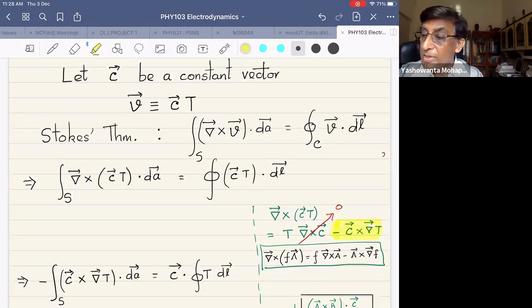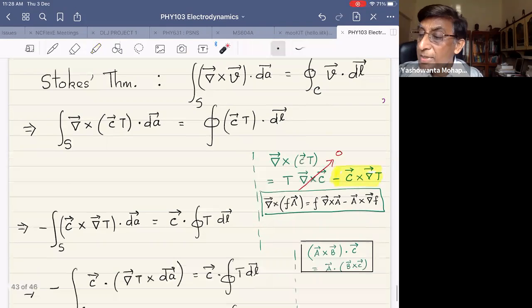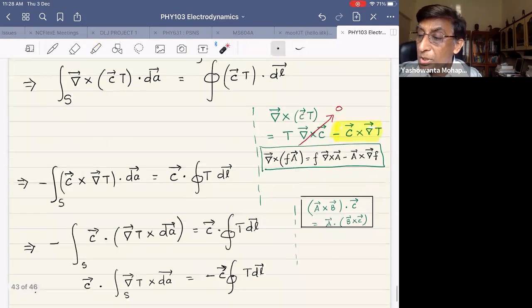So del cross cT gives minus c cross grad T dot dA, and on this side, c is a constant vector, so I can take c out, just like last time. And hence I can also do this as c cross del T dot dA.